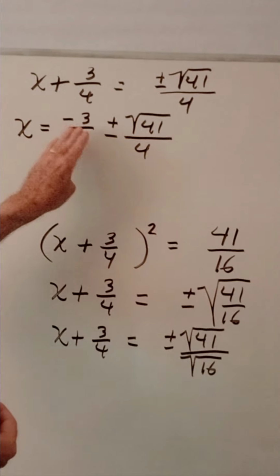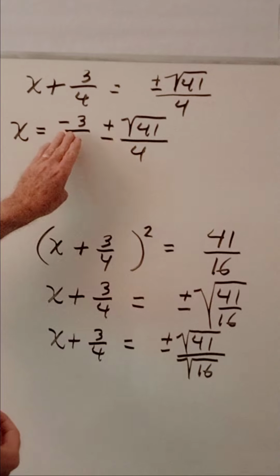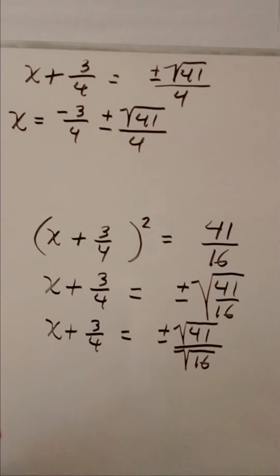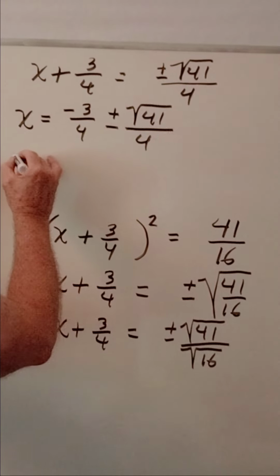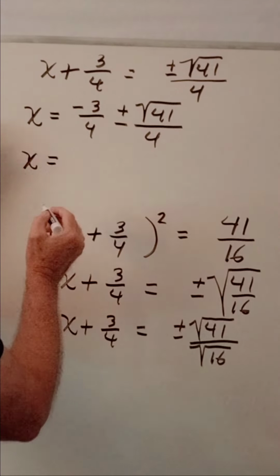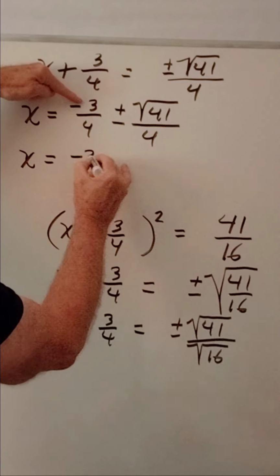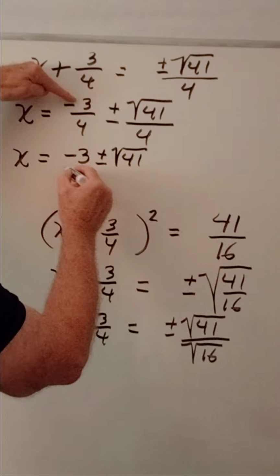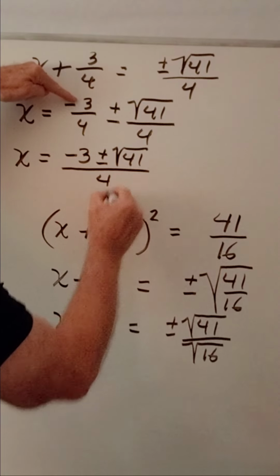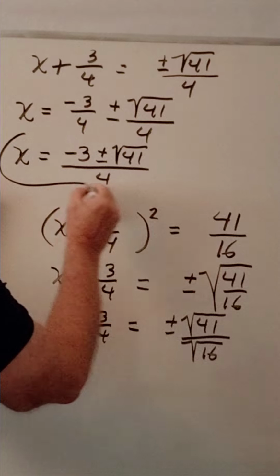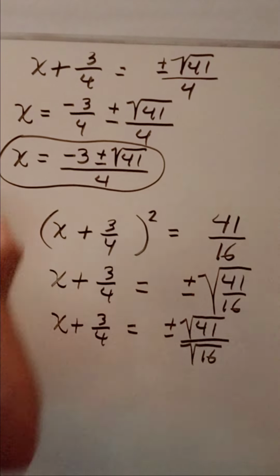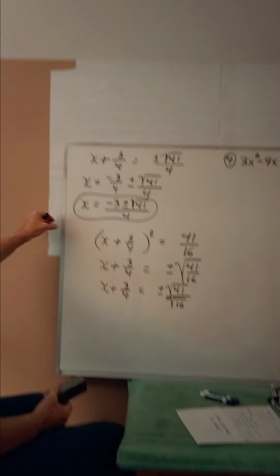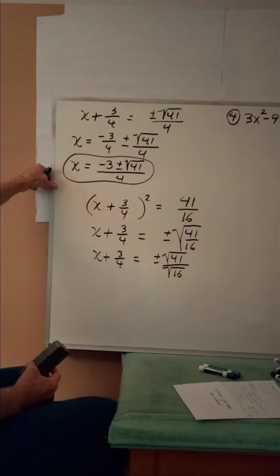And we are able now to combine these two expressions together because the denominators are alike, and our final answer will be x is equal to negative 3 plus or minus radical 41, the whole thing written over that common denominator of 4. We'll just circle that, and that would be the answer for that quadratic equation using completing the square.